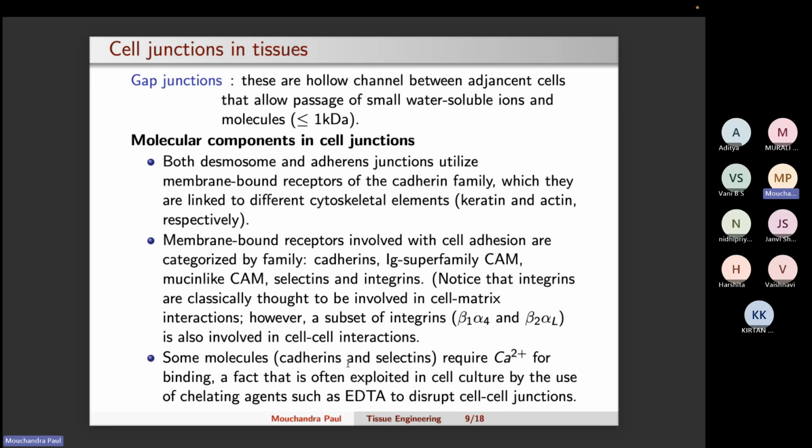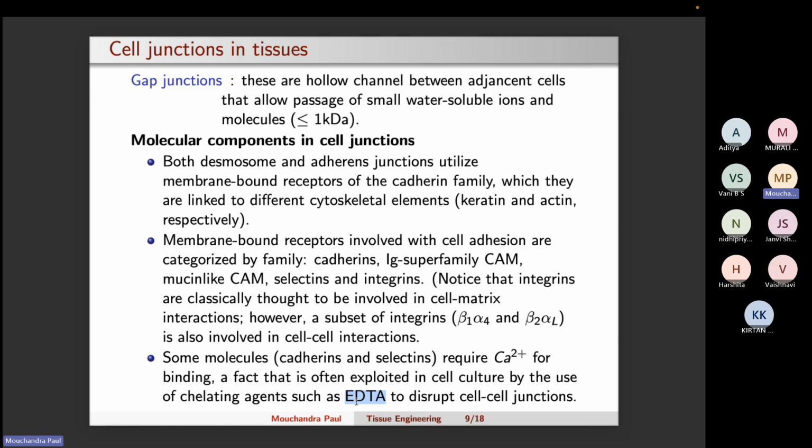Now, as I told you, the cadherin and selectin families of proteins that are involved in forming cell-cell junctions require divalent cations like calcium ions, which is why in the trypsinization step, we use a reagent that has a chemical called EDTA. Look up its full name on the internet. This is a chelating agent.